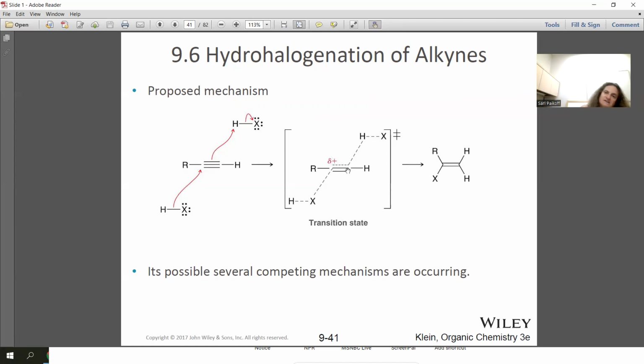So you almost have this like E2 reaction in reverse, where you're adding two different things at the same time. And then once you get to this product, that would then go by the traditional, make the carbocation and add to the most stable carbocation.